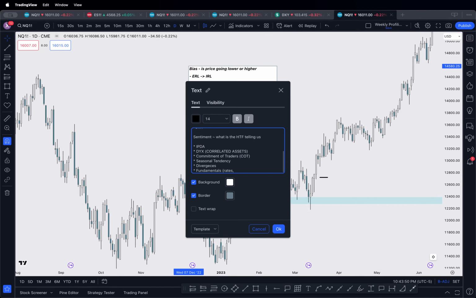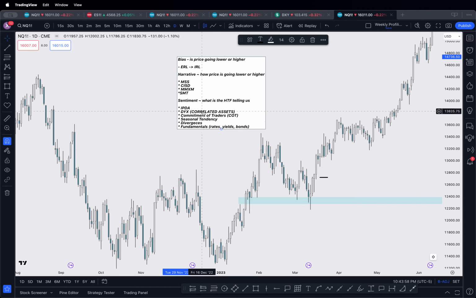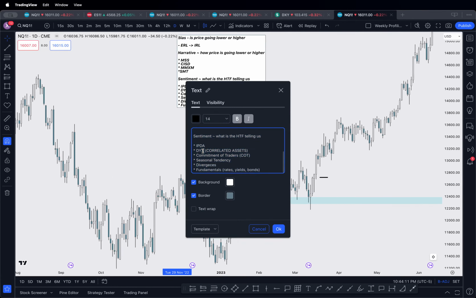Rates, right? Yields, bonds, right? You notice how these things that form sentiment are really unrelated to the chart we're looking at. Sometimes you get divergences, but a lot of this stuff is unrelated to the chart, right? So this is going to be our longer time frame sentiment.